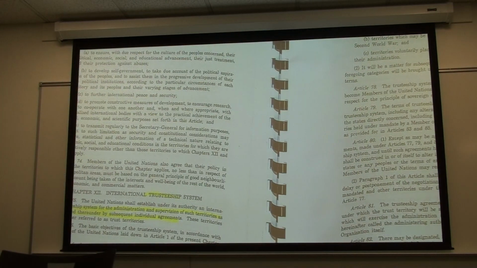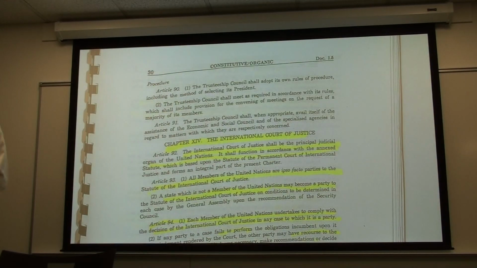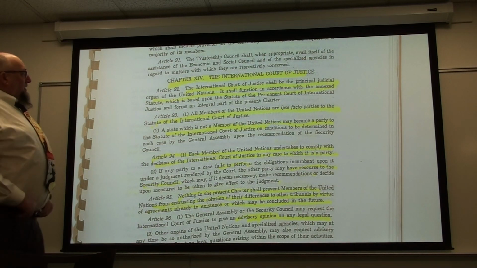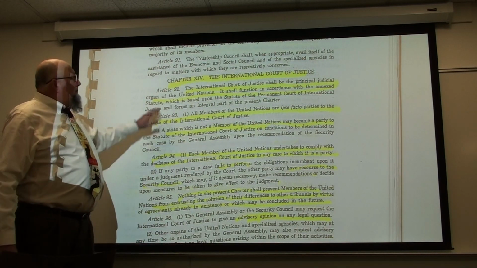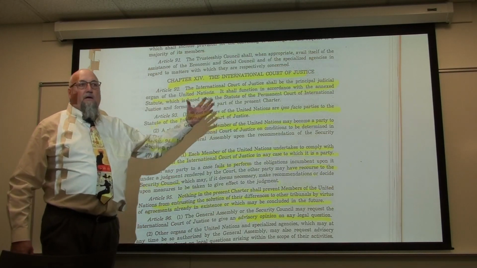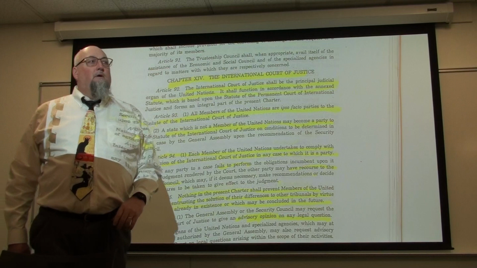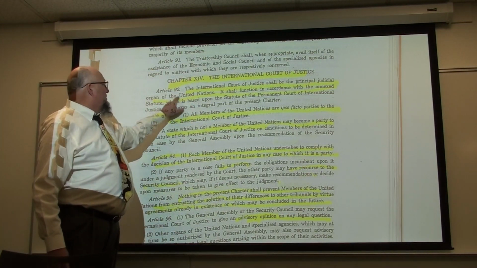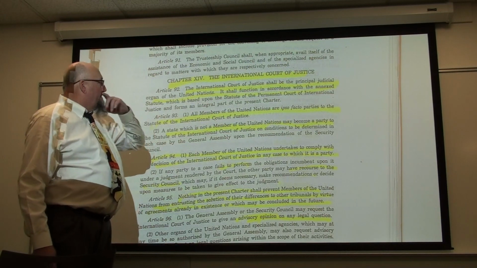All right, let's move over to Chapter 14, International Court of Justice. Chapter 14 creates the International Court of Justice. We've talked about it a little bit, the ICJ. I'll use that abbreviation quite often. The International Court of Justice is the principal judicial organ of the United Nations.